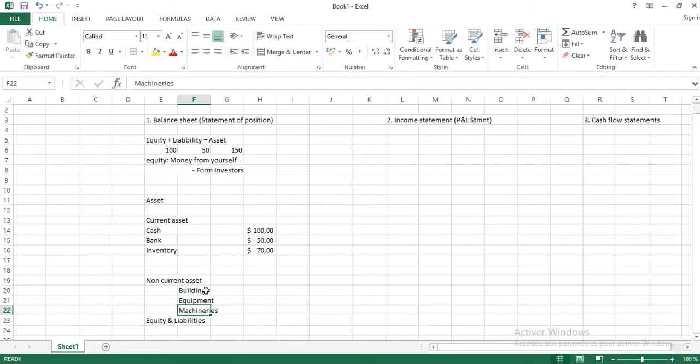I hope you know what a building, an office, and equipment are. Equipment is office equipment like chairs and tables and all that. Assume the total value of your equipment is $35.